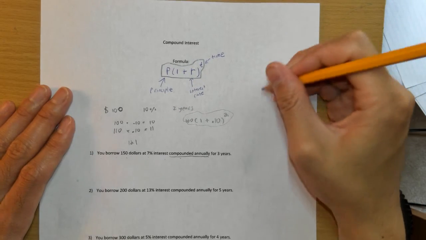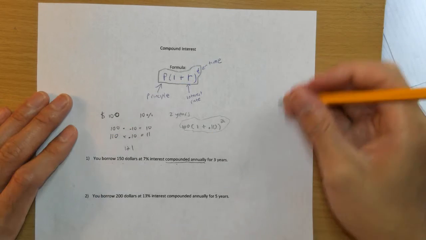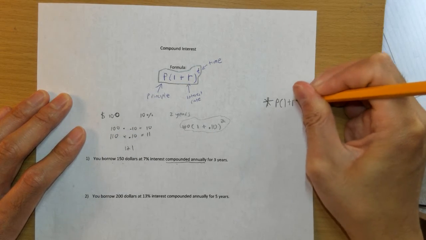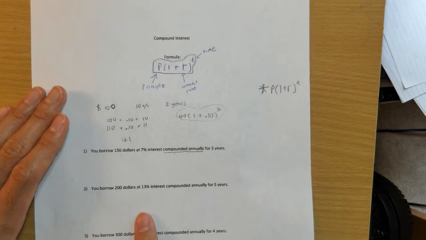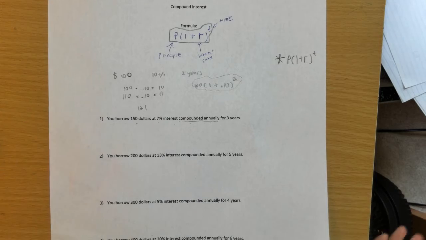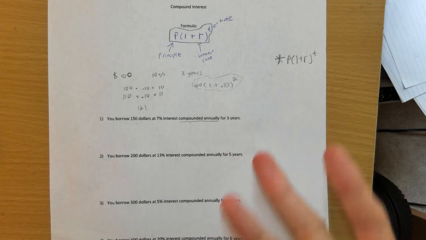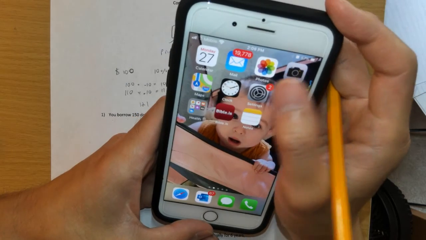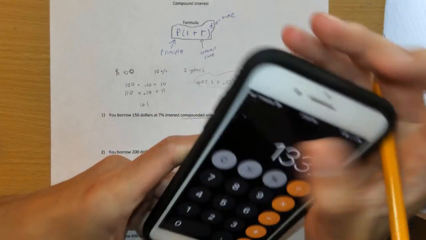I'm gonna rewrite the formula one more time, just because it'll be easier to see. I'm gonna do these first 2 problems, and then y'all do number 3 and 4. If you don't have a calculator at home, at least set up the problem. But if you do have a calculator, if you have an iPhone, try it out with me, because it'll help you in the future.